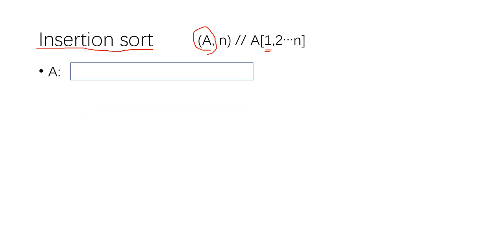Suppose these are all the numbers of the array, and at some point we pull a value out, and we call it the key. It may be in position J.